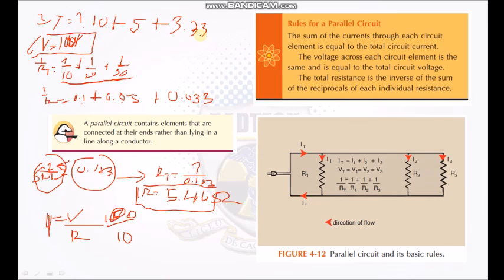Okay, so that is 10 plus 5, 15, so 18.33.